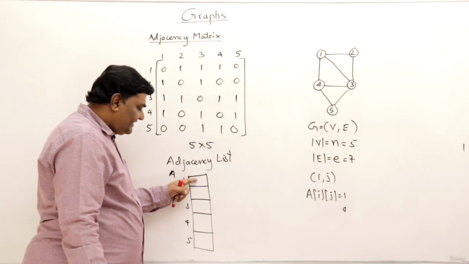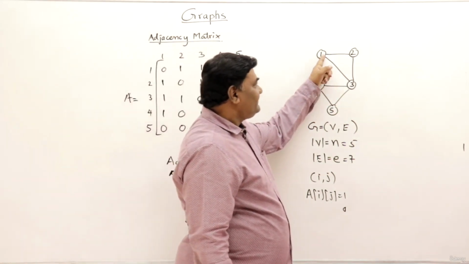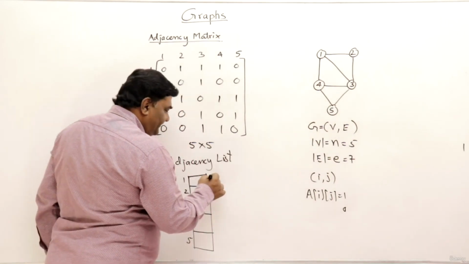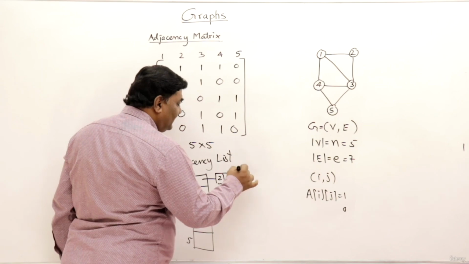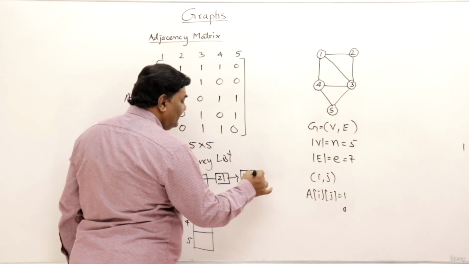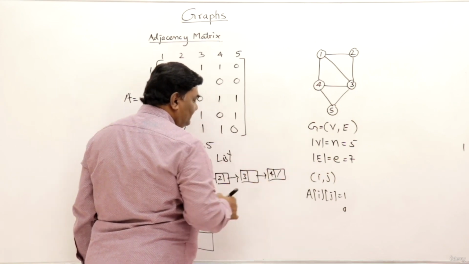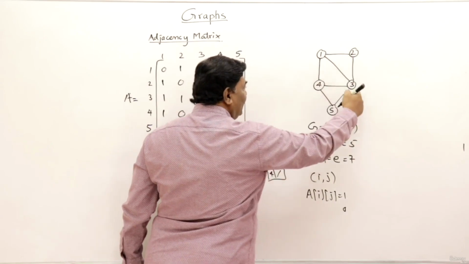For example, if I take vertex 1, the vertices connected to it are 2, 3 and 4. So here we will draw a linked list with nodes representing 2, 3 and 4. This is null. Now similarly, who are connected to 2? 1 and 3.